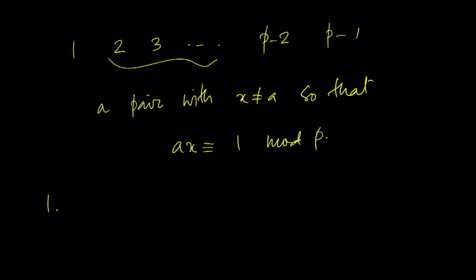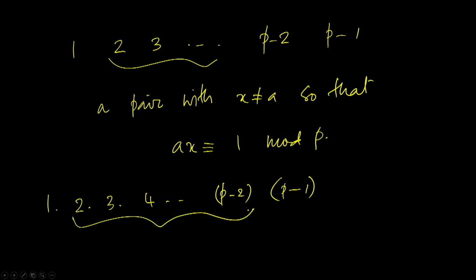Now, let us consider this product, p minus 1 factorial. Consider the integers in the range 2 to p minus 2. We know that all of them pair with each other. For every a in this range, there is an x within this range that is not equal to a, so that ax equal to 1 mod p.